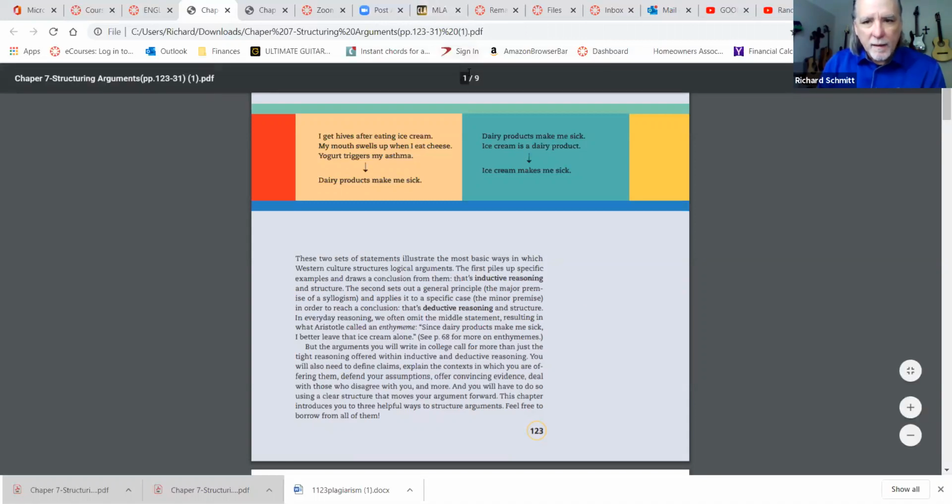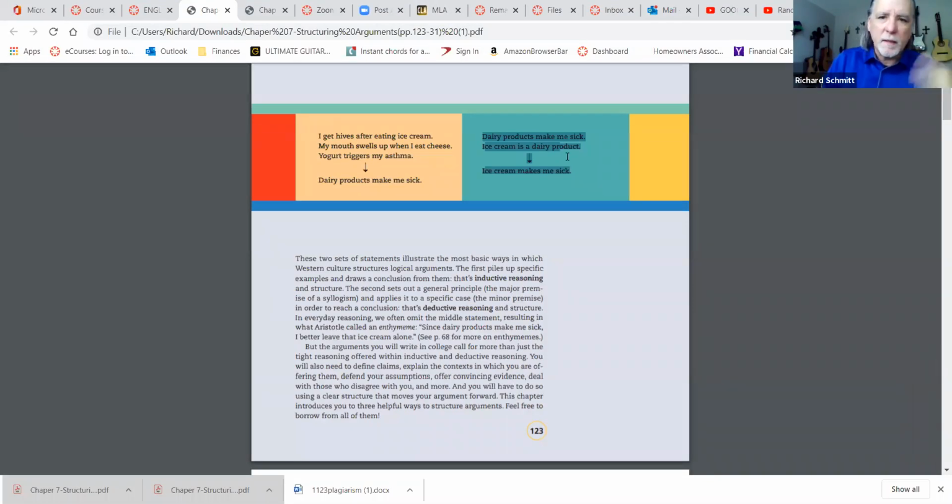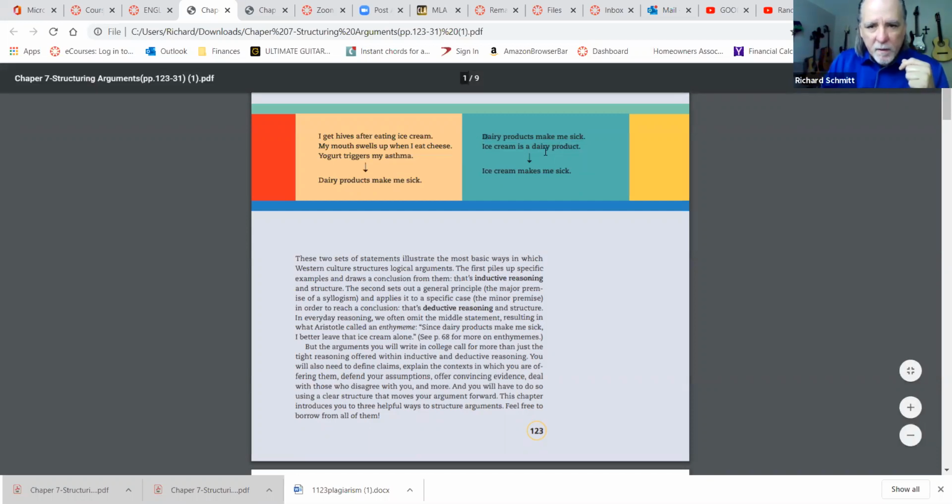So you could read a sample right here: dairy products make me sick, ice cream's a dairy product, ice cream makes me sick. Cheese makes me sick, you make the same conclusion. It's a very basic one, but from that kind of idea.